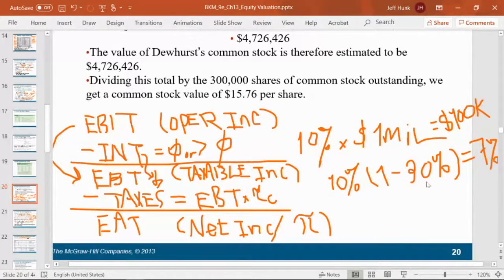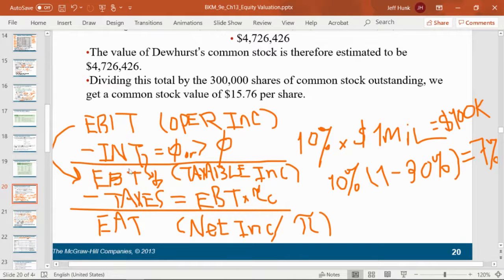Because after that 30% tax, basically, if there was no interest, that means if there was no debt, then there would be no interest payment, and the entire EBIT would be taxable.